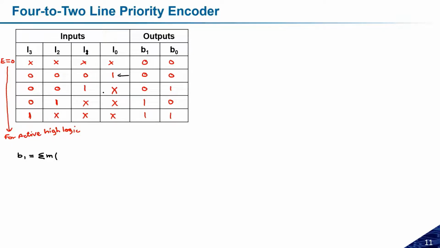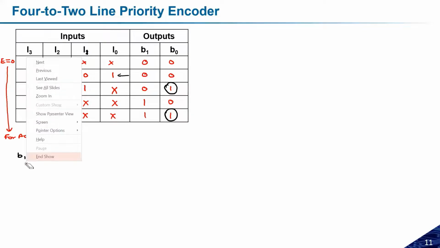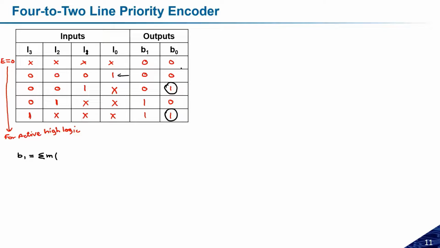You just told me that 2 and 3 is possible, but sorry, I made a mistake for B1. Okay, fine. So let us start with the B0, then I will tell you the B1 again.